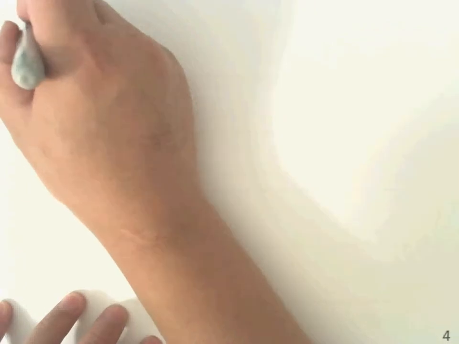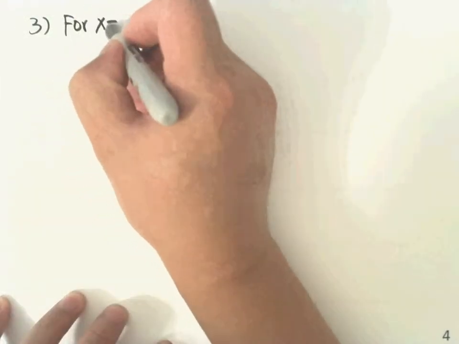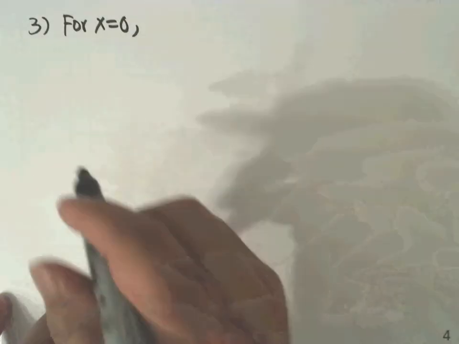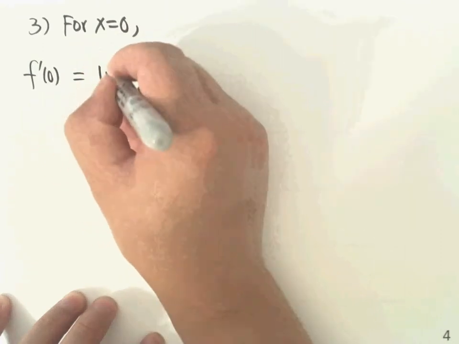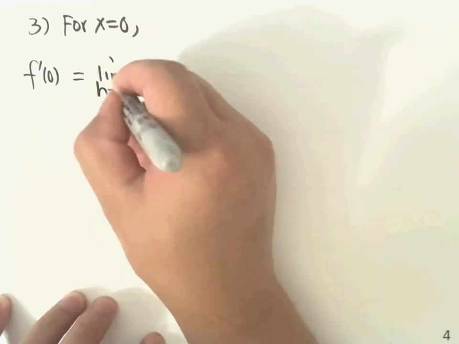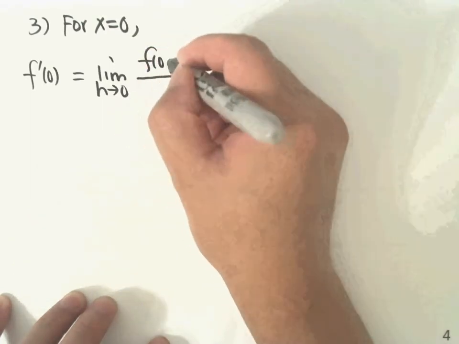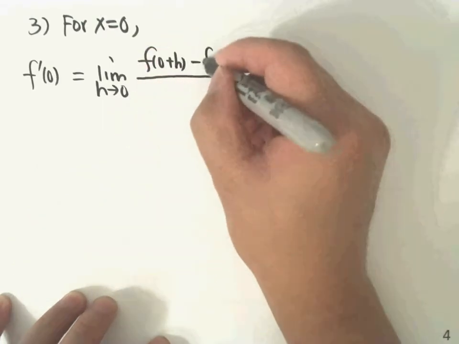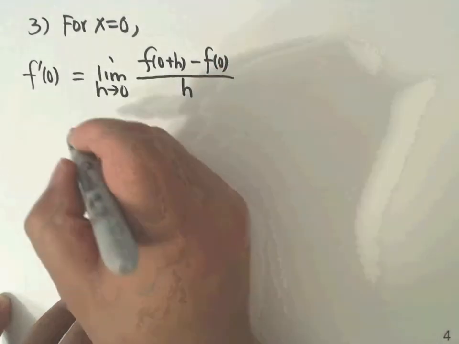So how about x equals 0? And we just discussed it should be non-differentiable, right? So we're going to verify that's true. This time x equals 0. What do we have? The derivative, we look at the definition. The limit as h approaches 0 of f(0 plus h) minus f(0) over h, that's the definition.